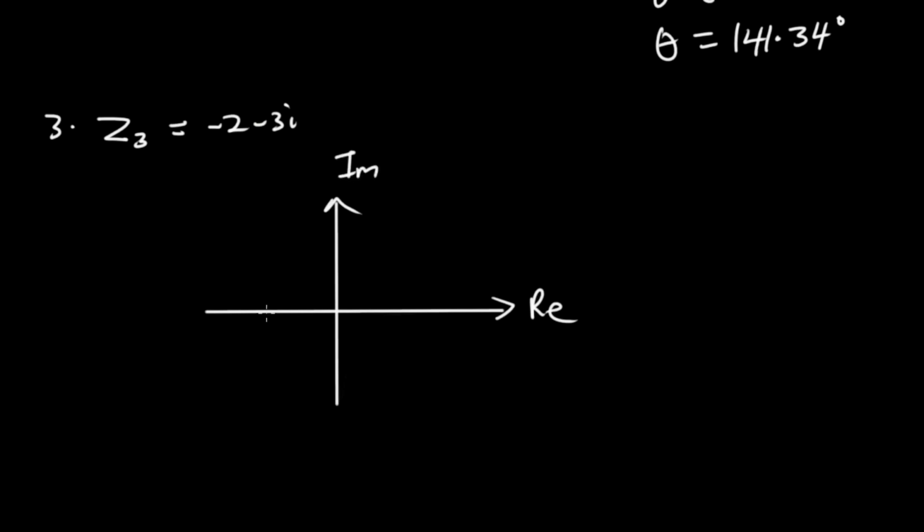So we have -2, which is our real axis, and we have -3i, which is the imaginary part of the complex number. If you trace this point, we are going to have this to be our complex number, z3 equal to -2 minus 3i.